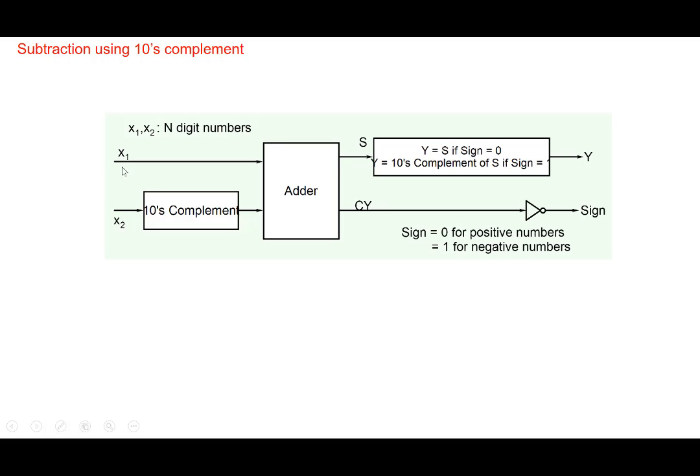So we are trying to do x1 minus x2. You take the tens complement of x2 and feed it into an adder, so you're adding up x1 and the tens complement of x2.